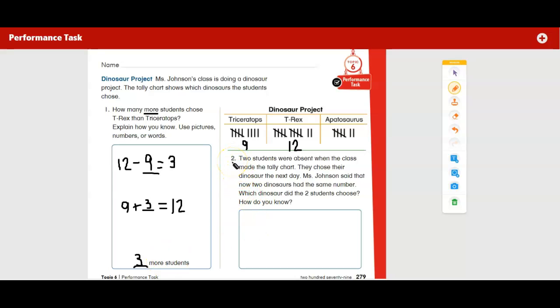For number 2, we had to add 2 more votes to our dinosaur project. A very important piece of information is that it says now 2 dinosaurs had the same number.